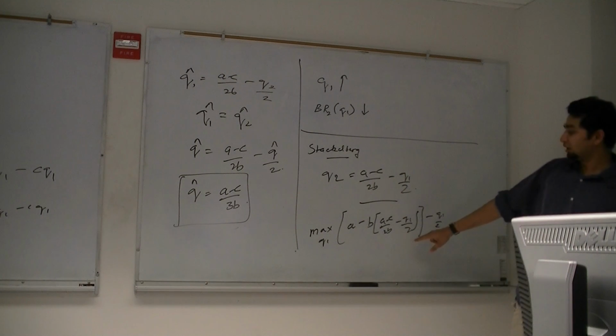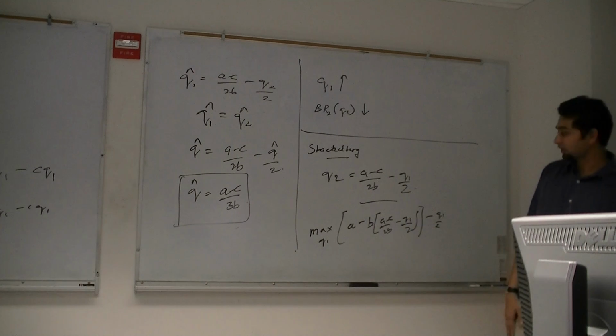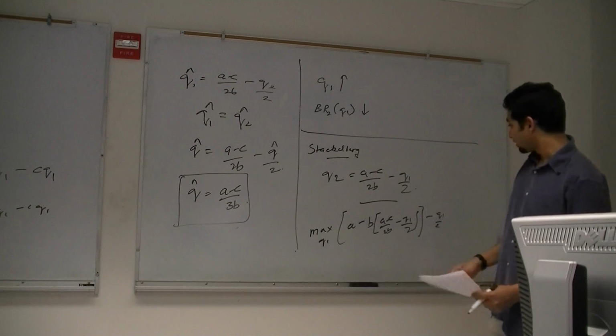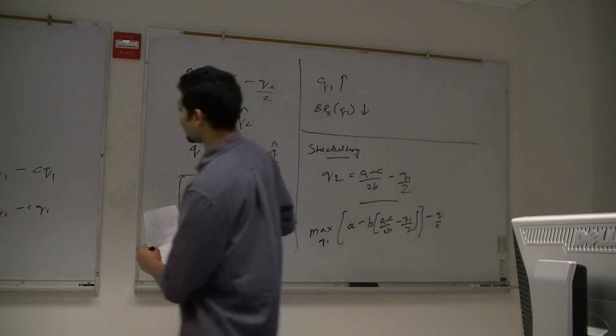You try to put it in here, maximize it with respect to Q1, and then find the optimal value of Q1. I'm making a small mistake here.